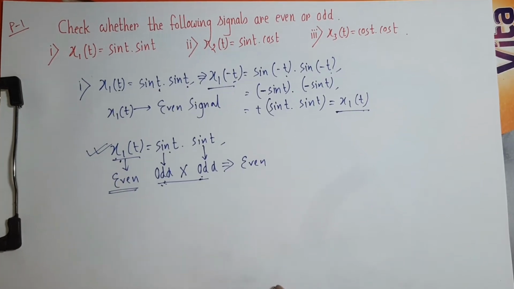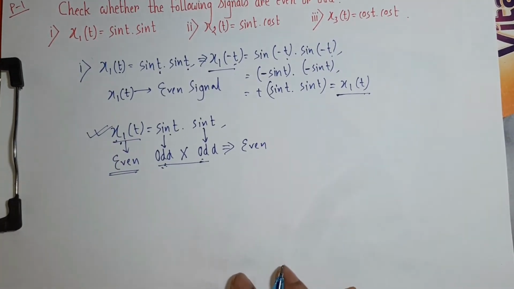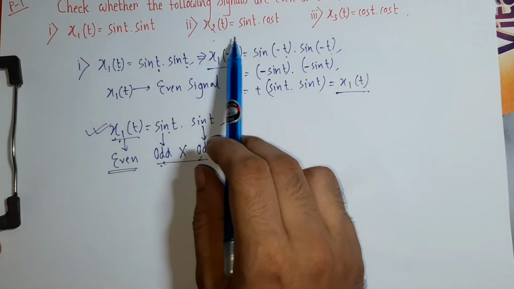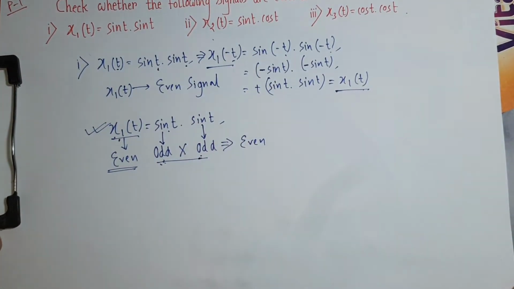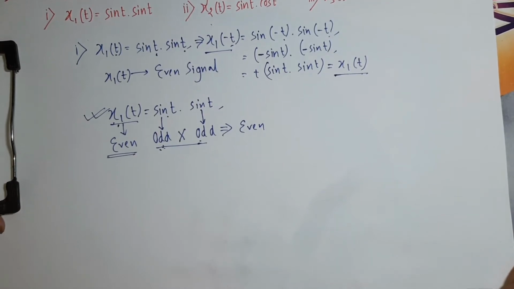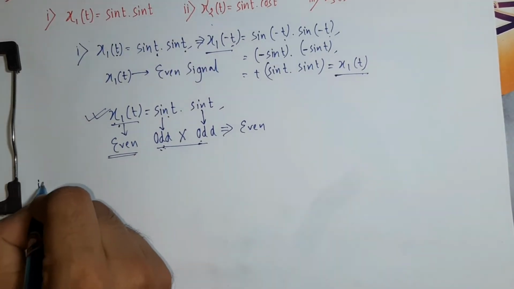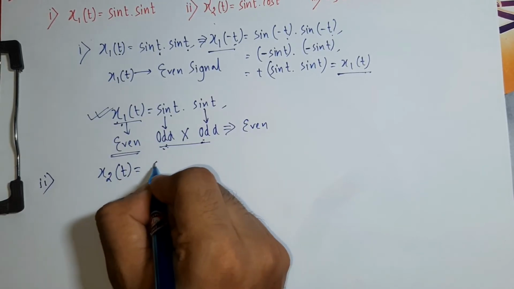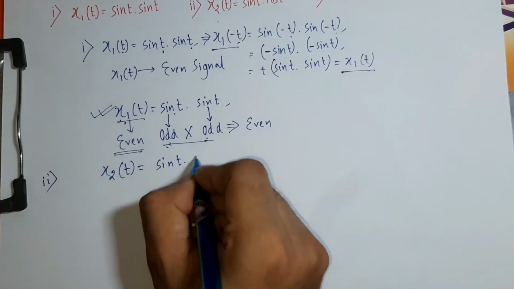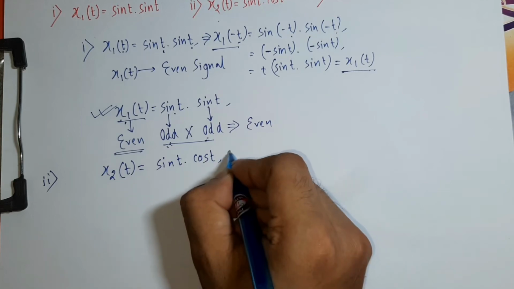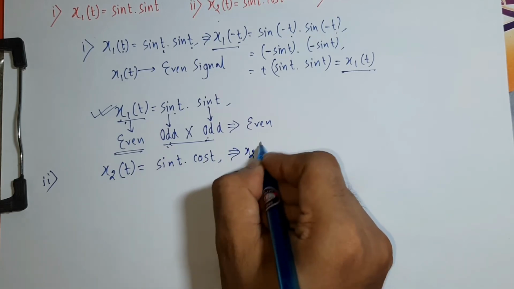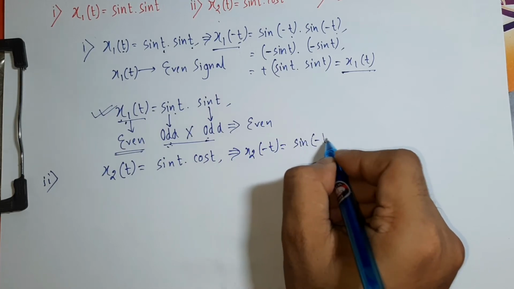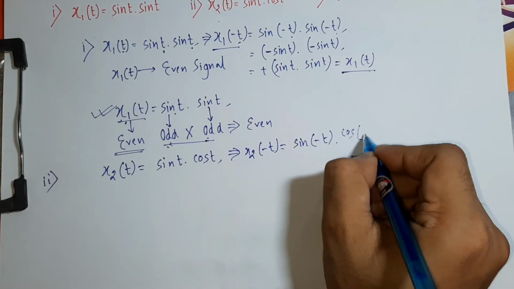Now let us come to the second problem. The second problem is x2(t) equal to sin t into cos t, right? So let me solve it here. You have x2(t) equal to sin t into cos t. So first let us find out x2(-t). So x2(-t) will be obtained by replacing the time variable t by -t, right?